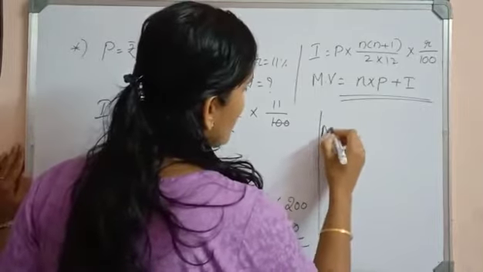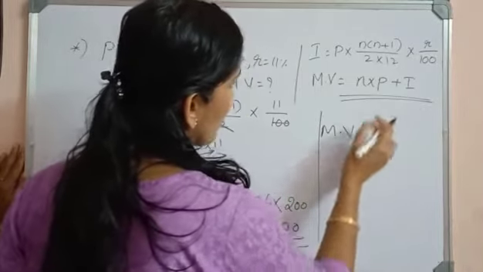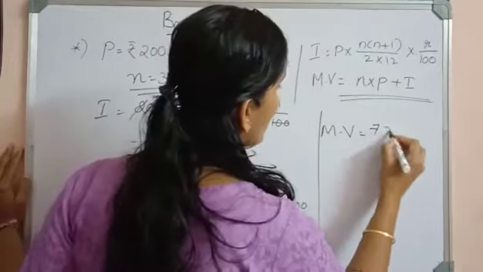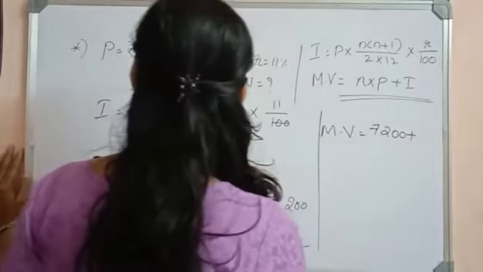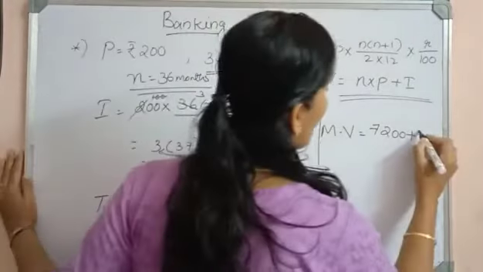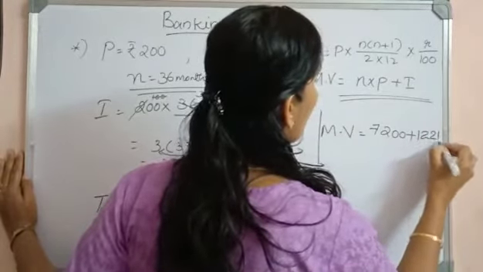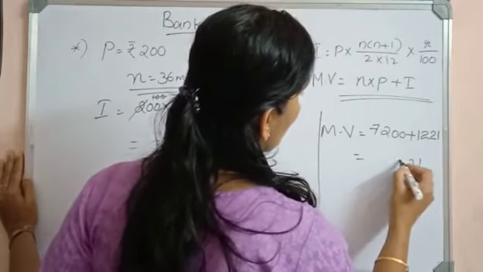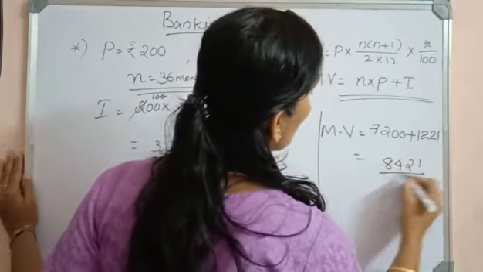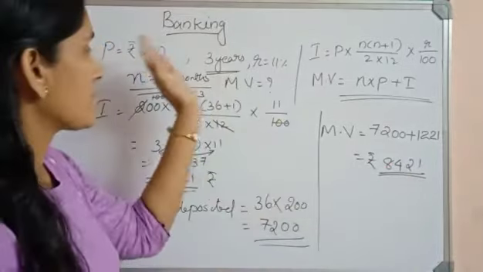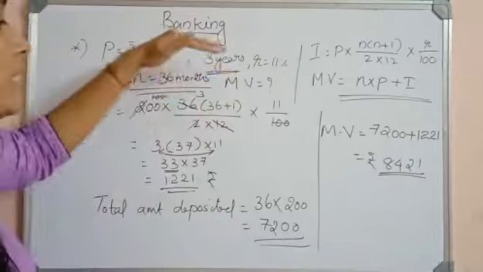Now let's find the maturity value. Maturity value is equal to n into P plus I, that is 7,200 plus the interest 1,221, and that is equal to 8,421 rupees. This is the maturity value that person receives after 3 years.